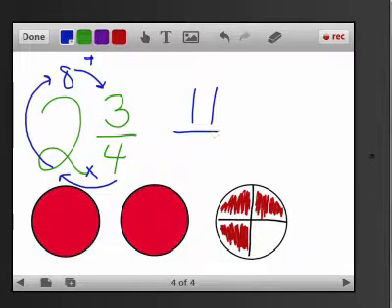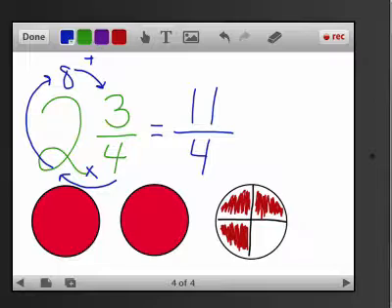And I'm going to keep the denominator the same. I have 4 over on the left side. I'm going to have 4 over on the right side. So my mixed number is 2 and 3/4, which converts or is equal to the improper fraction of 11/4.